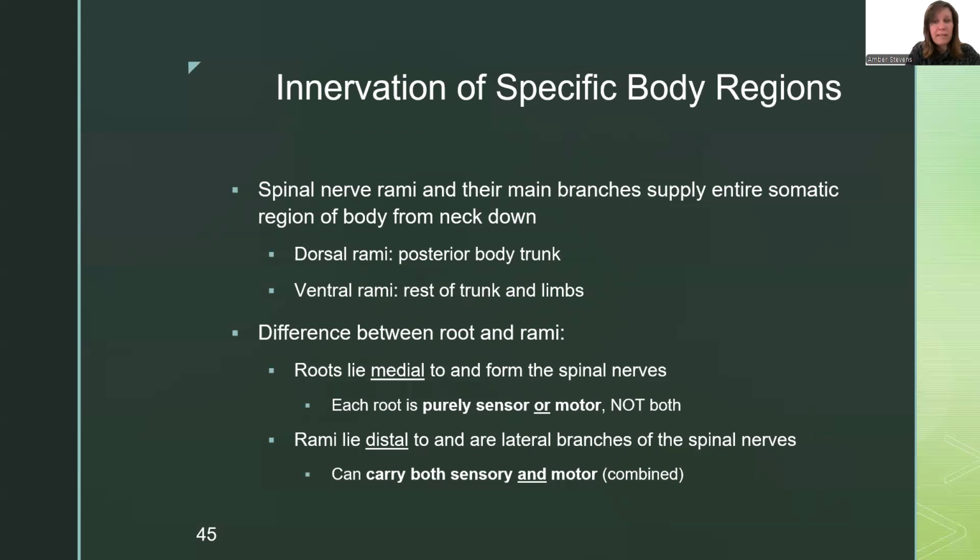The ventral rami serve the anterior body trunk, including your limbs. Key differences between roots and rami: roots are located closer to the spinal cord and contain either the motor ventral or sensory dorsal fibers, and rami are found further from the spinal cord and carry both motor and sensory fibers, forming those mixed nerves.